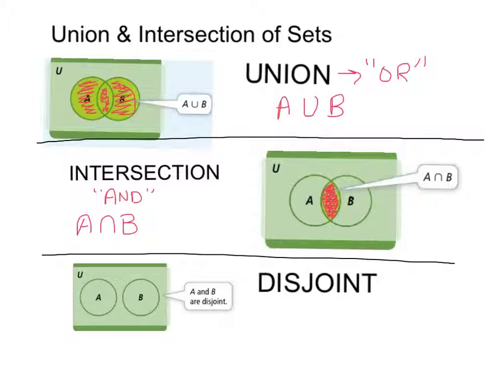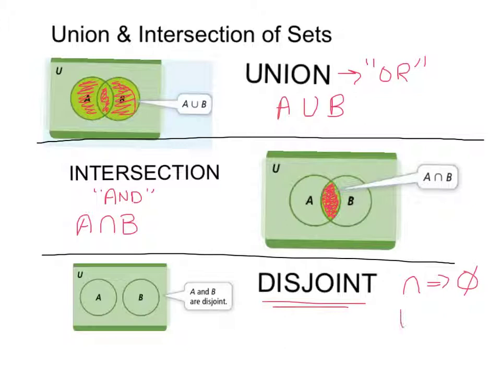The third possibility, which we haven't talked about really at all, is what happens if they're disjoint? What happens if they don't cross at all? Once again, if I'm looking for the intersection of it, this is where I'm going to get no solution.